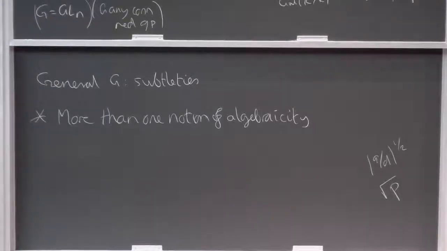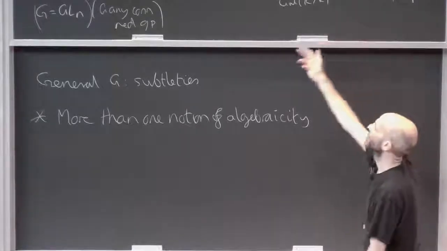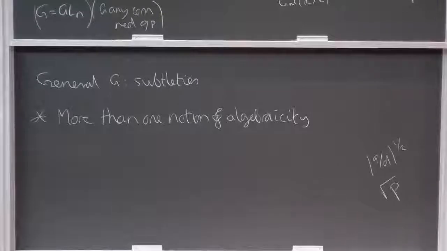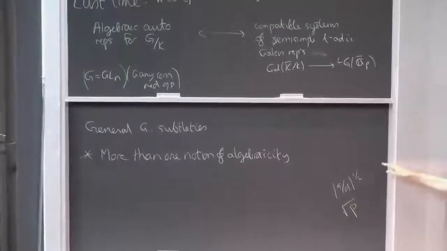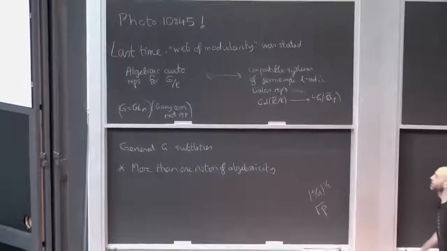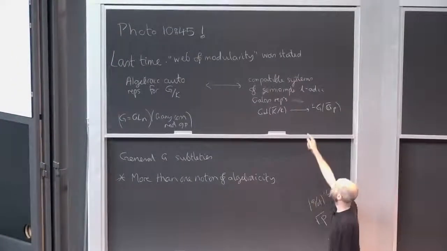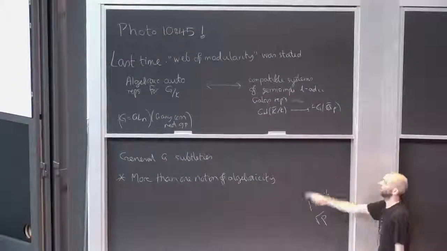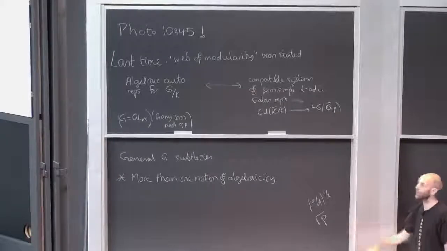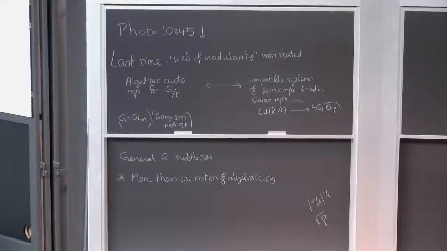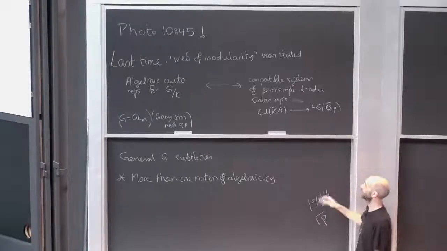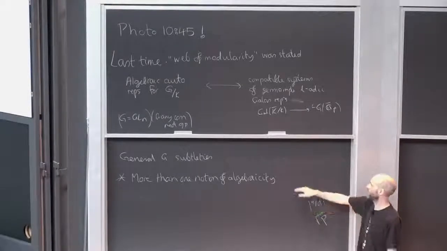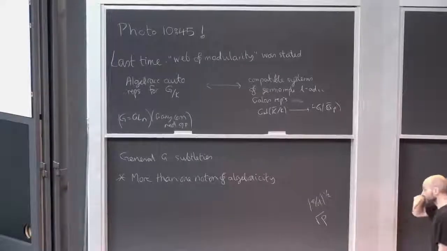If you're not careful, you take something which is supposed to be algebraic, and then you try to figure out what E0 is, and you leave these normalizing factors somewhere where you shouldn't, or don't put them where you should, and all of a sudden you discover that your coefficient field E0, which is supposed to be a number field, contains the square root of infinitely many prime numbers. And that's not good. The reason that's happened is not because the conjectures are broken, but because you haven't quite got algebraicity right.